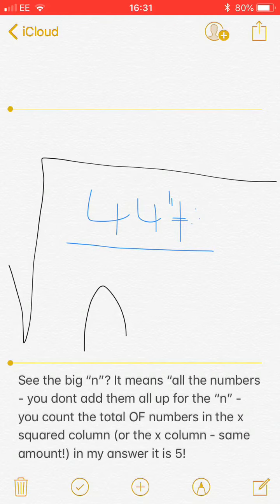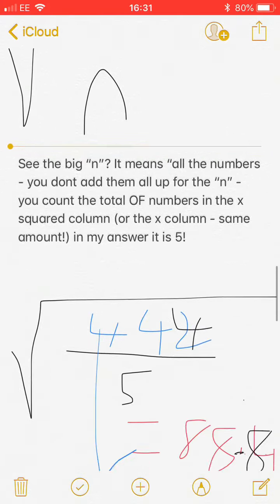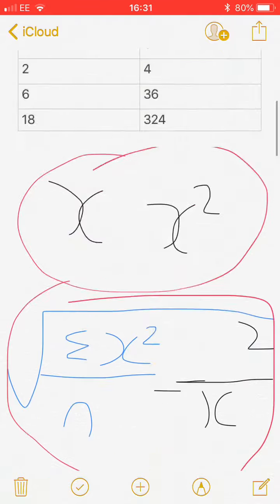So 444 divided by the amount of numbers, not the mean. N equals the amount of numbers.